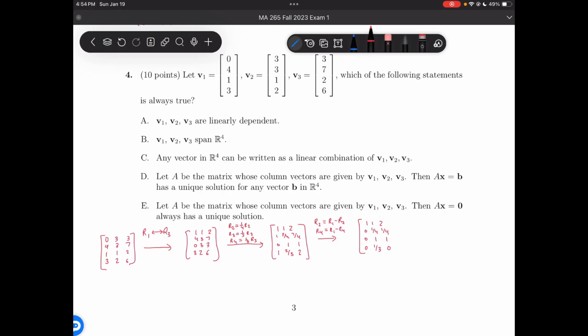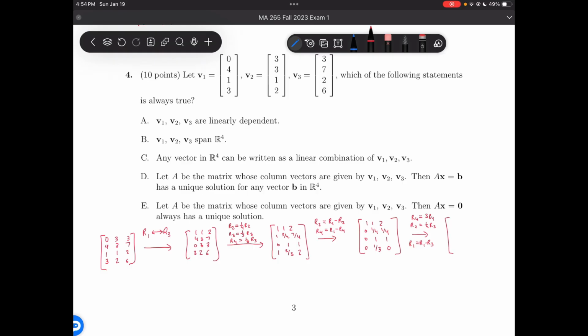And then I will do a few more. So now I'm going to say row 4 equals 3 times row 4. I will subtract 1/4 of row 3 from the second row, and I will subtract the third row from the first row.